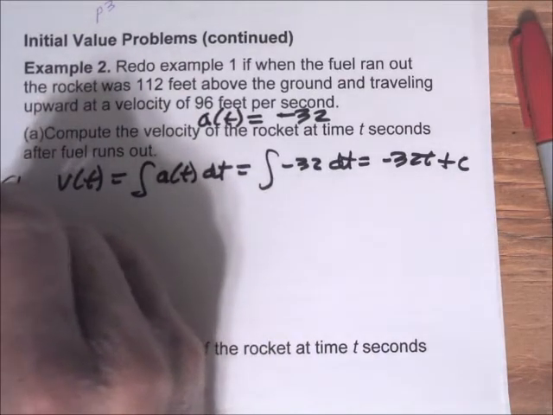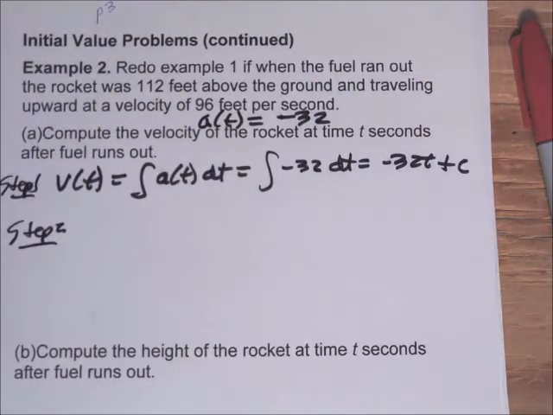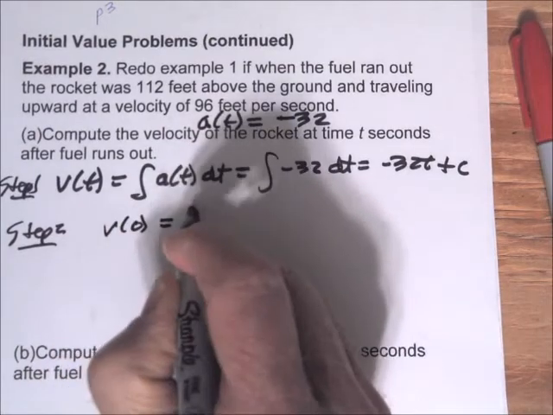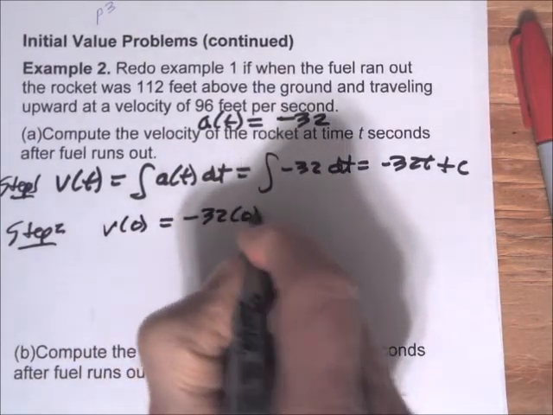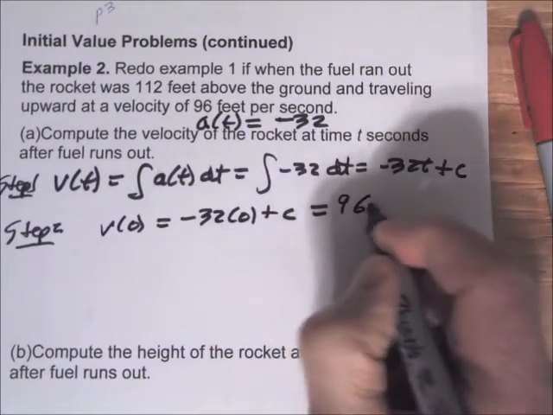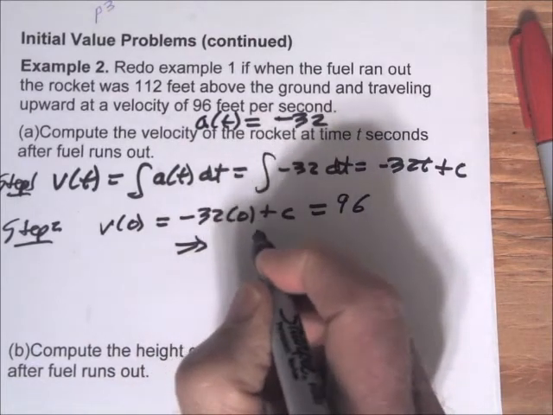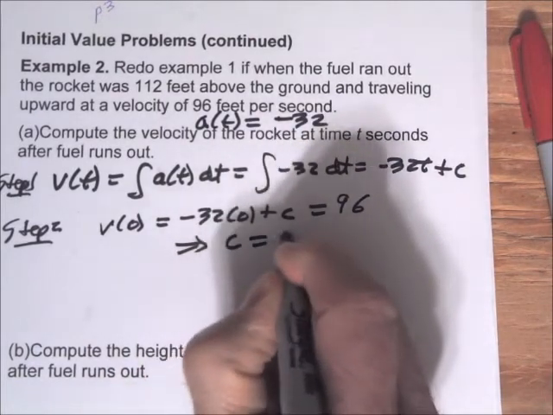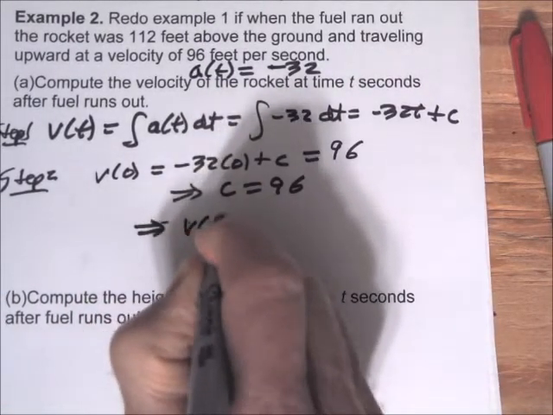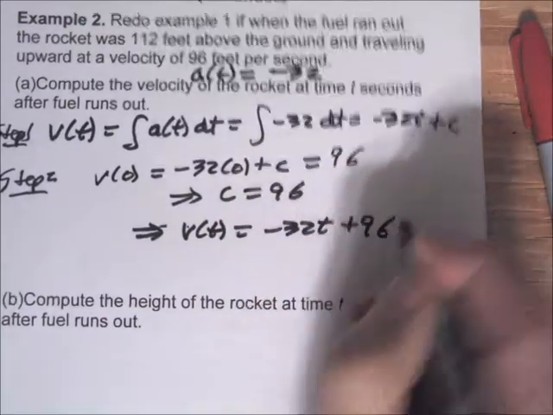So we can call this step 1, step 2. v of 0 is minus 32 times 0 plus a constant, and that was given to be 96 feet per second. So negative 32 times 0 is 0, so that means that the constant is 96, and that means that v of t is negative 32t plus 96.